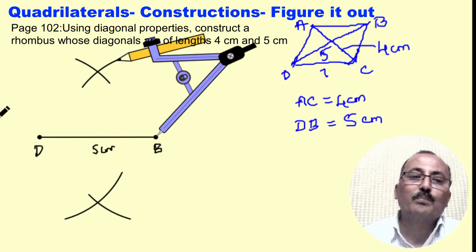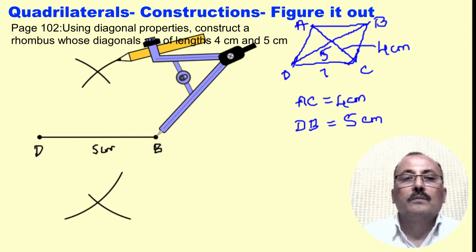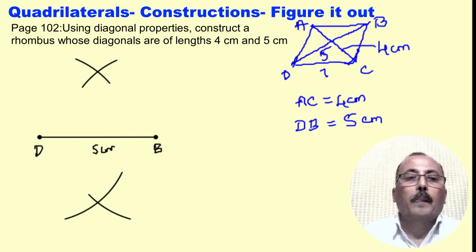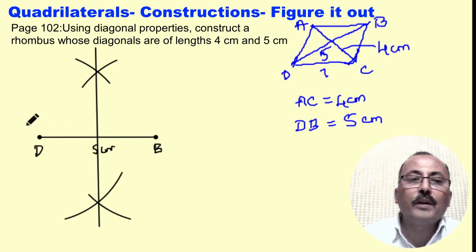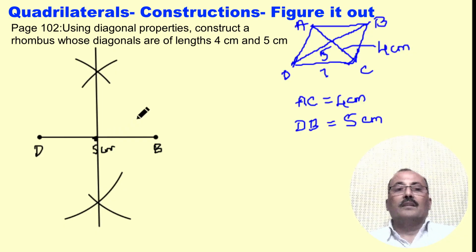So it cuts both. Now join these two. I hope it is okay. Yes, join. Now we got the perpendicular bisector. This point is the perpendicular bisector's point.